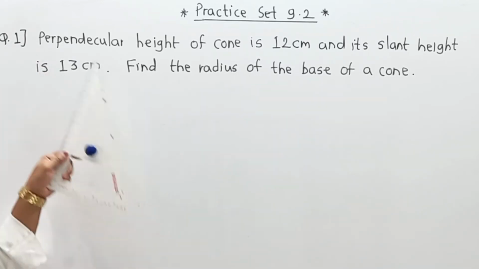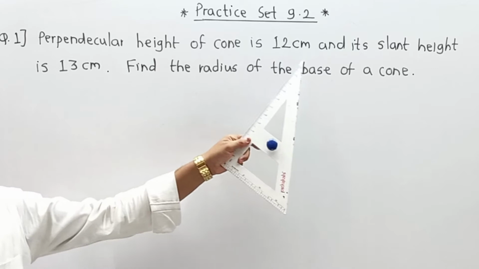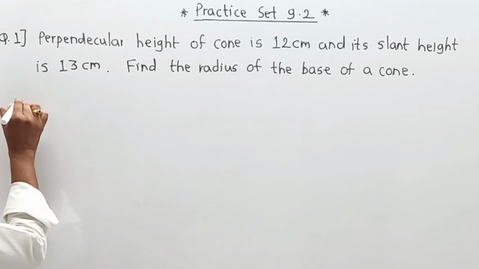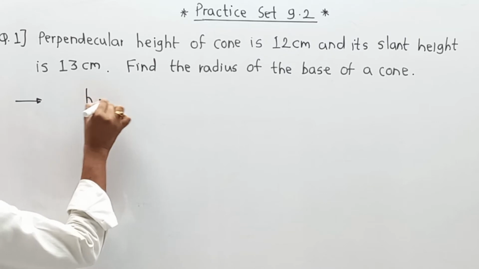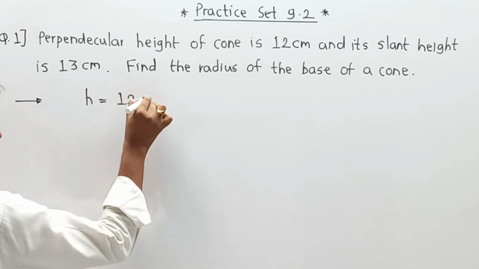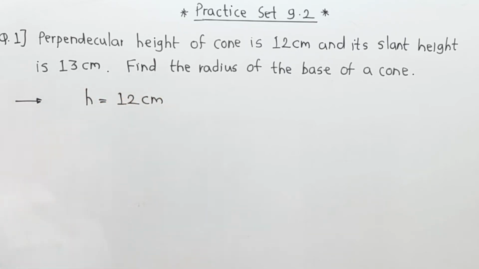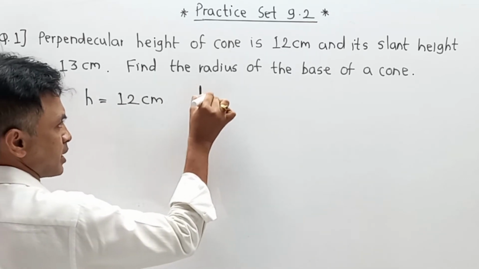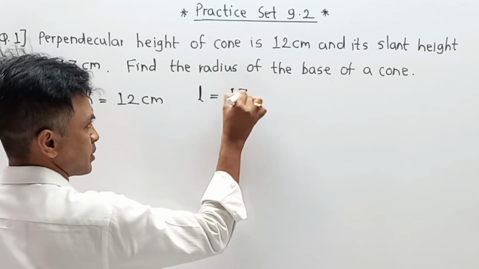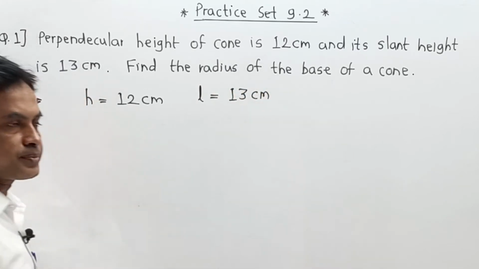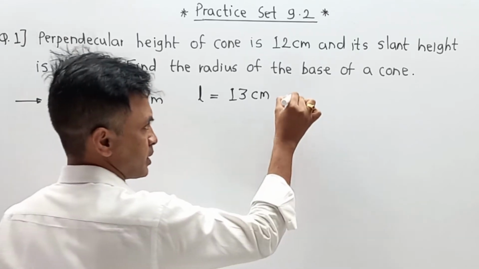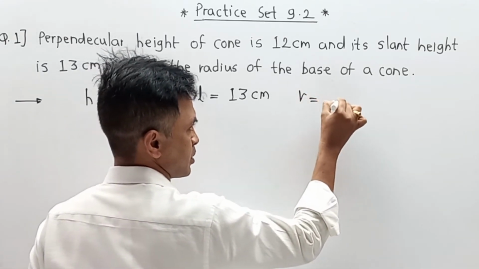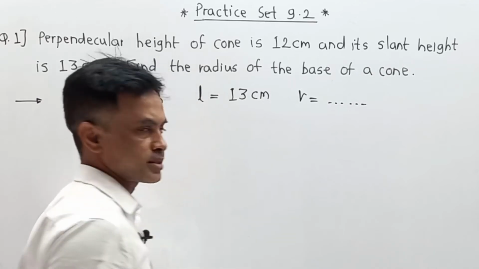As per the given data, perpendicular height of a cone is 12 centimeters, that is h, and its slant height L is 13 centimeter. This is also given by them. Then find the radius of base of the cone.